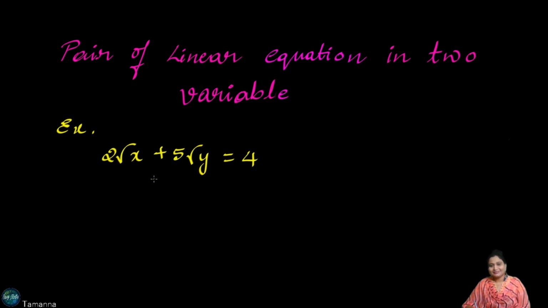Yes, exactly, students. This is not a linear equation in two variables, because the power in a linear equation is always 1. But here the power of x is 1 by 2 and the power of y is also 1 by 2. Due to that reason, this is not a linear equation.